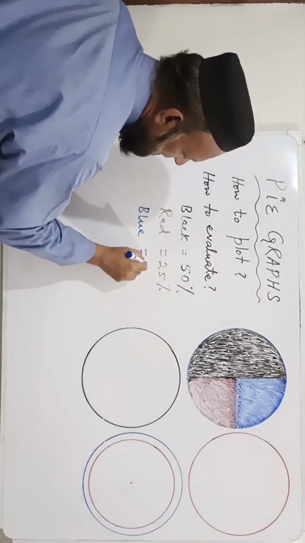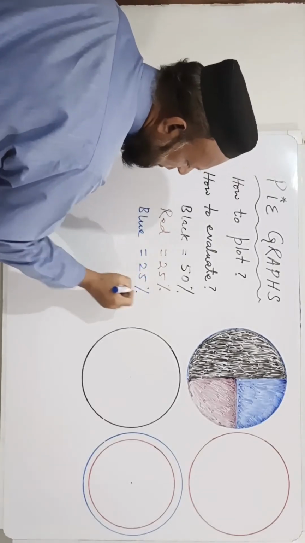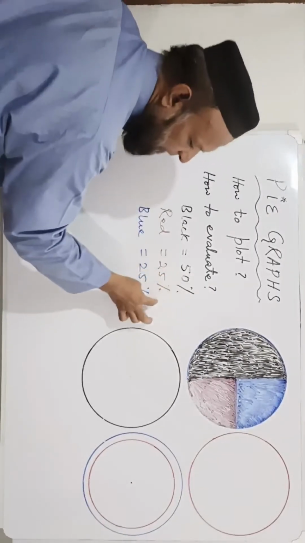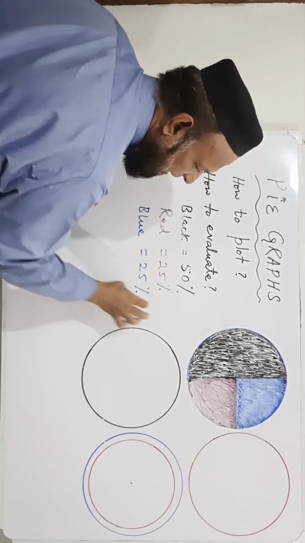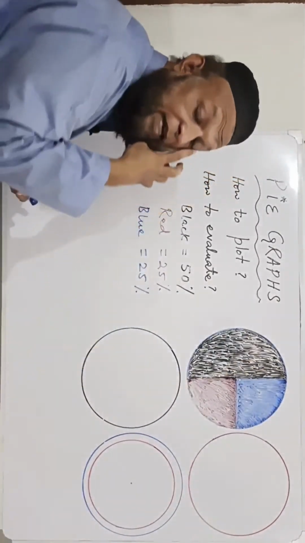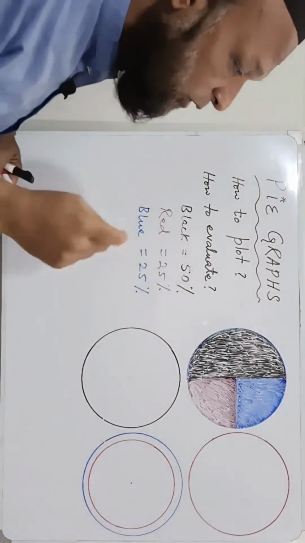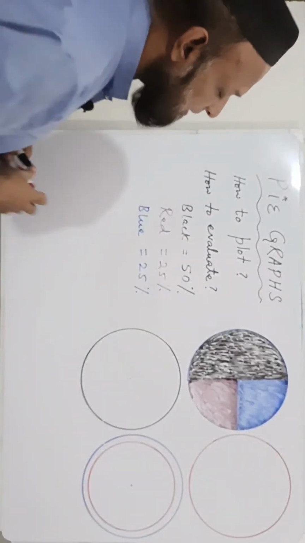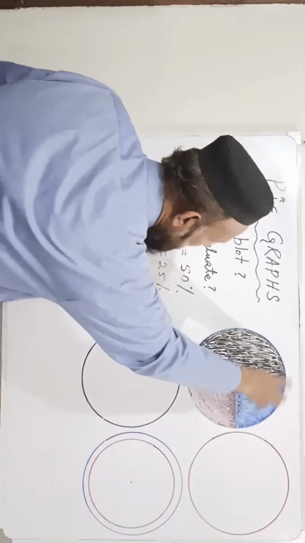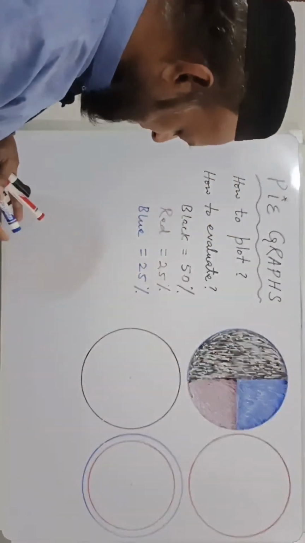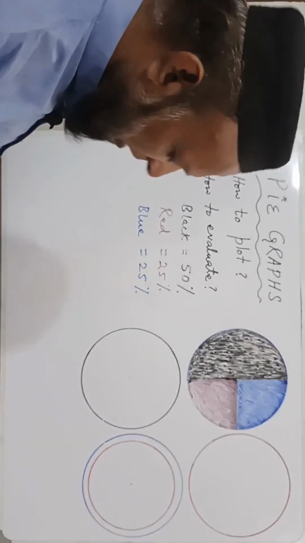Is it clear to you? Okay. In total you can see that 50, 25 makes 75, and 25 makes 100. So this circle gives you the pie graph. Why do we call it a pie graph? Because we know that the circumference of a circle is given in pi. What is the total angle of the circle?